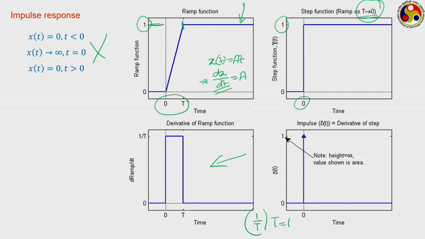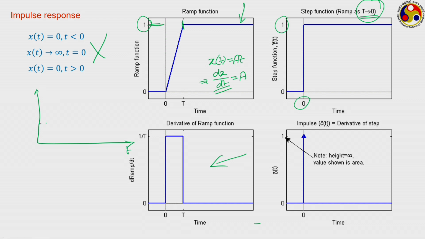Let us say we make the time interval T by 2. If we make the time interval T by 2 while maintaining this area 1, then this height will increase. Let me plot it in a different way somewhere here. This is time.